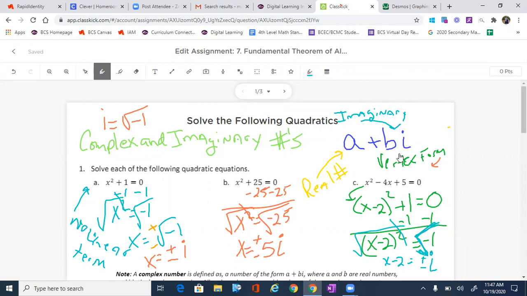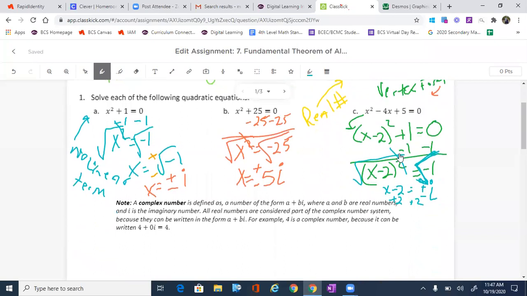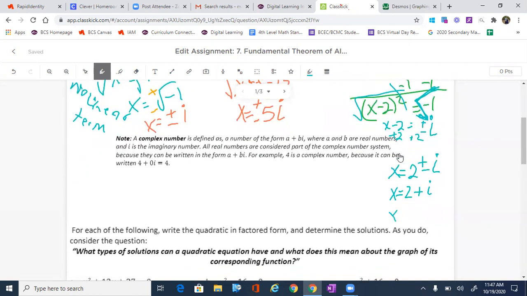There's a positive, there's a negative. Now, let's get rid of that -2 with a positive 2. Once we have this, I'm going to rewrite it. x equals 2 plus or minus i. If we want to write it in two separate ways, I could say x equals 2 plus i and x equals 2 minus i.